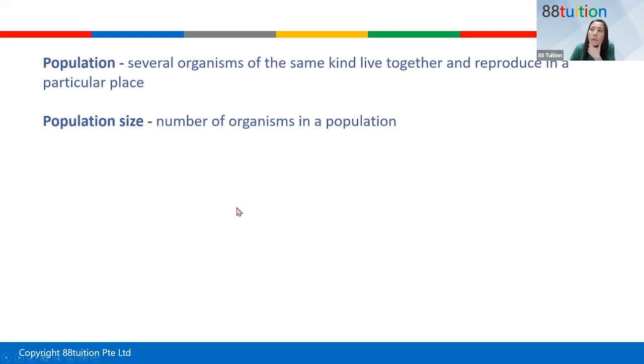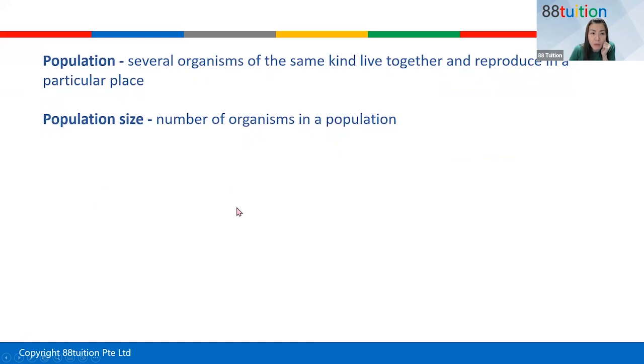All right. Other terms that you need to know, I'm just giving you a very quick summary. Population. What's the meaning of population? Several organisms of the same kind. For example, I have the tadpole, the young tadpole as well as the adult frog.